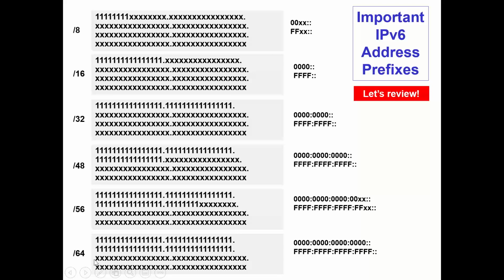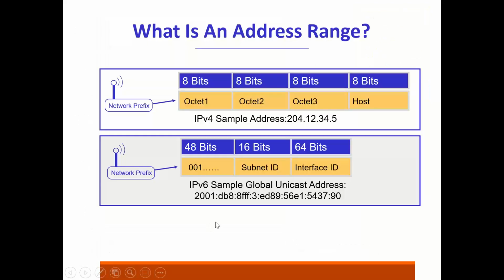But one of the important points is this: you notice that there's a lot of address that's left open. And that you might want to leave open so that stateless auto configuration can use that to configure each host ID. We will go over all of this in great detail. This is just an introduction to how some of these prefixes are used and how we'll be thinking about them throughout.